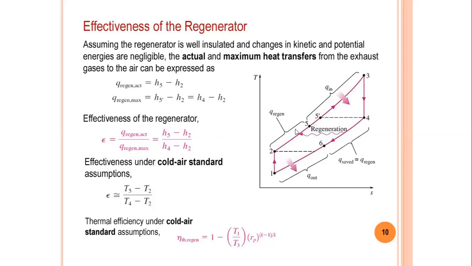The actual heat transfer is H5 minus H2, and the ideal heat transfer is H5 dash minus H2, and H5 dash is nothing but H4, that is H4 minus H2. This is the concept of the effectiveness of the regenerator.